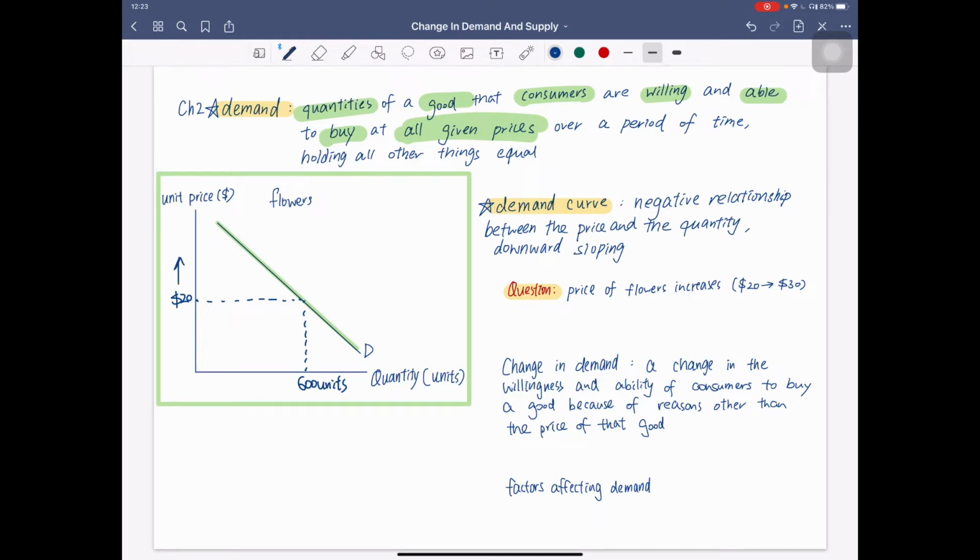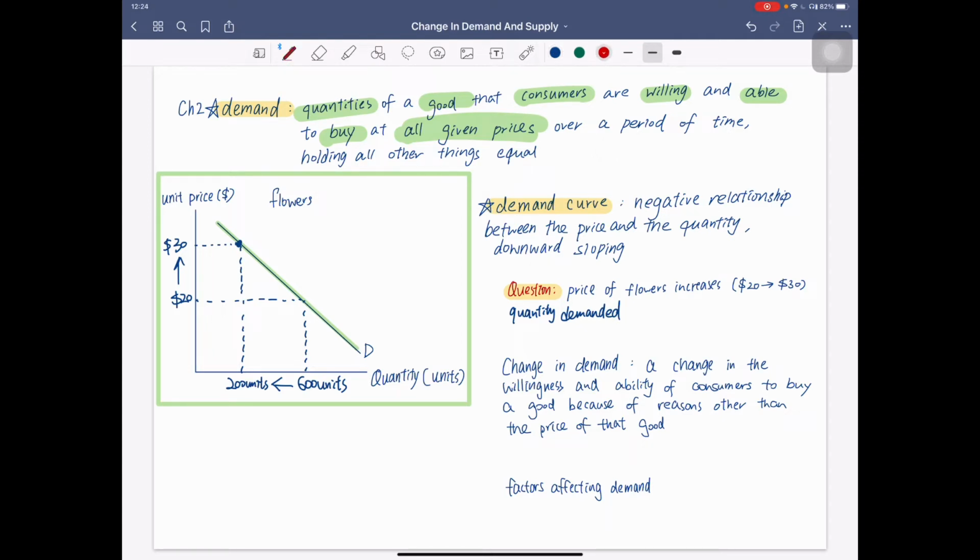When the price increases from $20 to $30, the consumers are going to buy fewer flowers, only 200 units. So it shows that the quantity demanded of flowers will decrease from 600 units to 200 units.